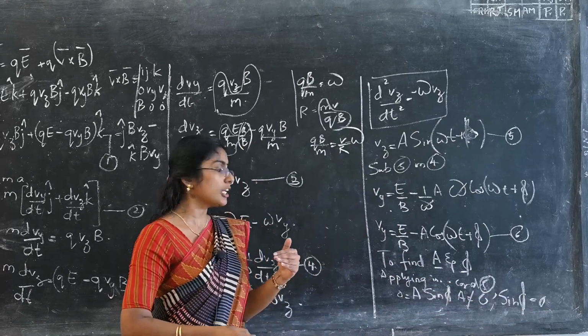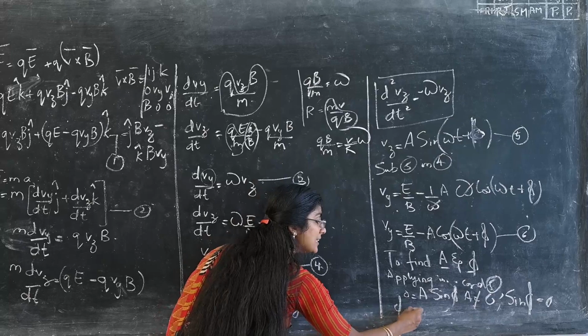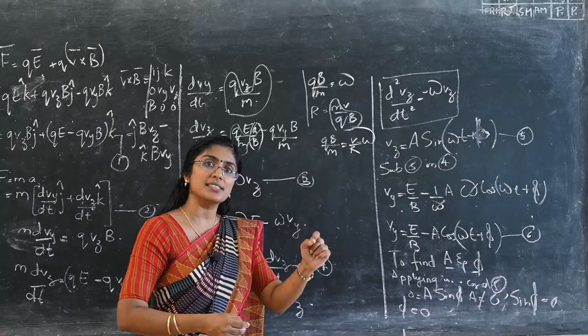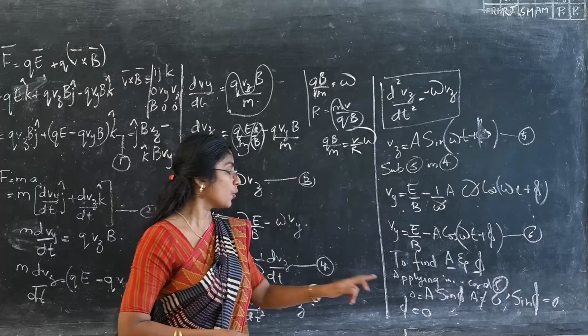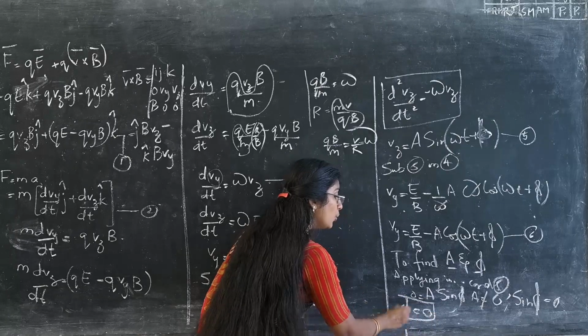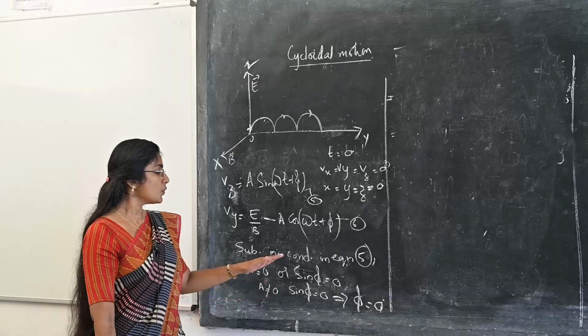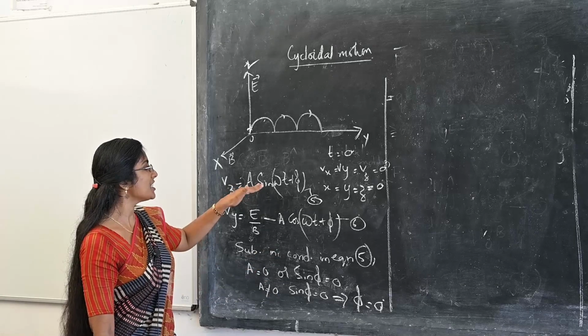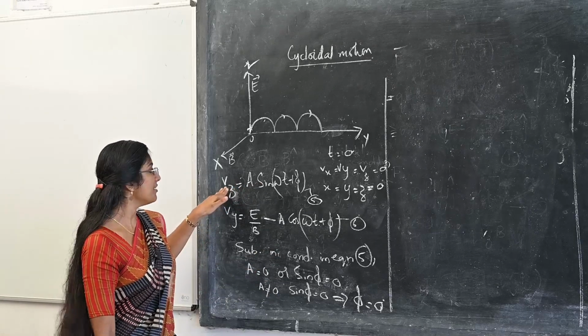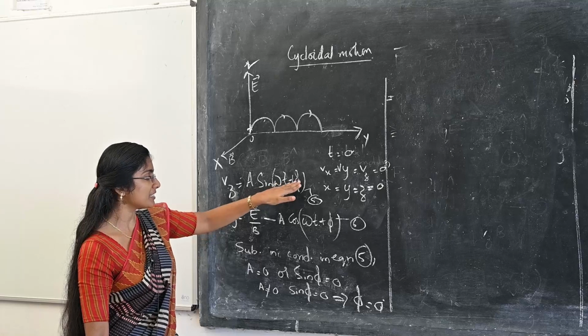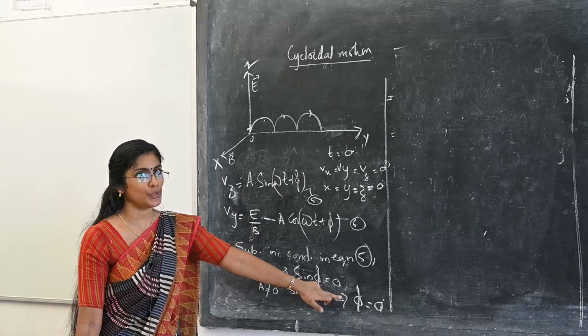Sin phi equal to 0 means my phi is equal to 0, because it is for sin 0 that you get the answer as 0. So I have got one of the unknowns, phi is equal to 0. When we applied the initial conditions to the equation for Vz equal to A sin(omega t plus phi), we got phi equal to 0.